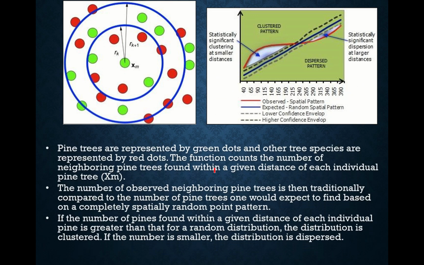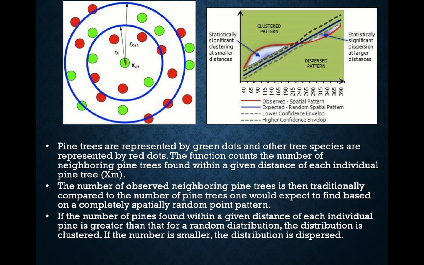An example here: imagine we have a pine tree and different types shown in green. All these green dots are pine trees, and red dots are different types of pine trees. We're interested in seeing what the spatial distribution is as we move away from our center pine tree. We get a similar observation as in the last one.